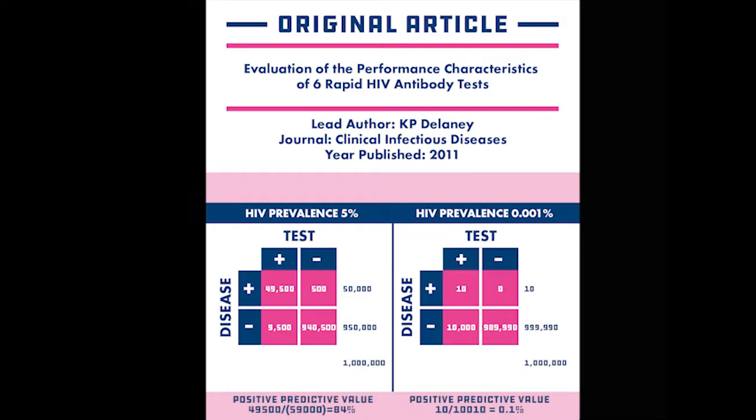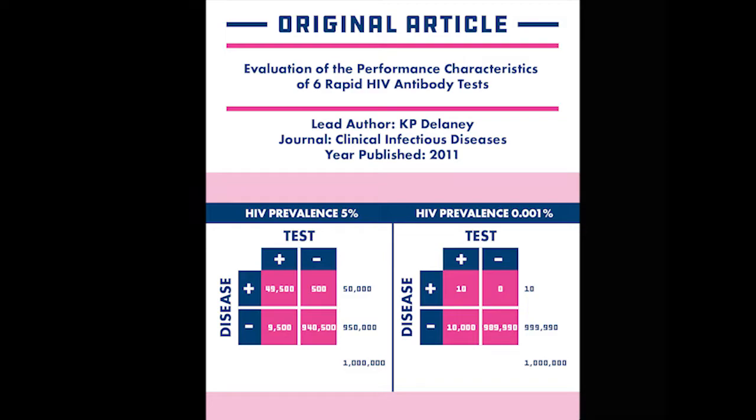So despite this test being amazing, 99% sensitive and specific, the vast majority of people who test positive are false positives. So the positive predictive value, that thing you're interested in when you're telling your patient how scared they should be with this positive test result, is affected directly by the underlying prevalence of the disease.